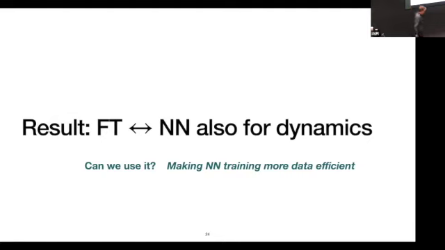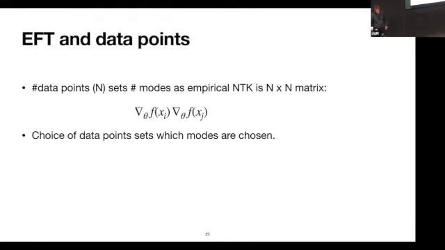Now, the next part. What we want to do is use our knowledge about the data dependence of this story, and ask whether we can make neural network training more efficient. The basic observation here is that the number of data points sets the number of modes in the empirical NTK.